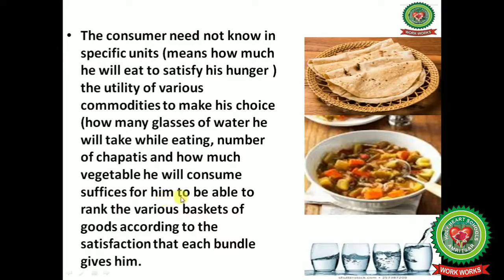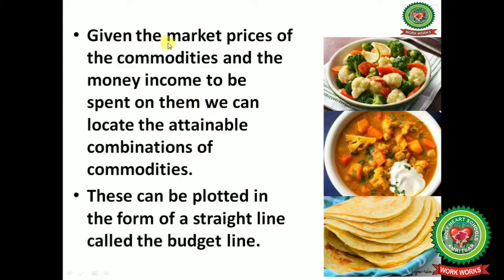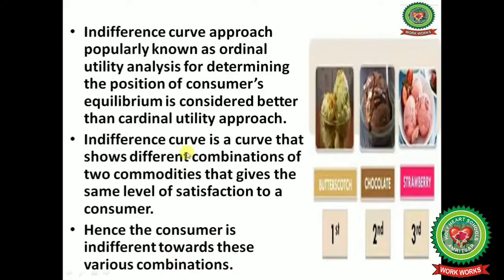It suffices for him to be able to rank the various baskets of goods according to the satisfaction that each bundle gives him. Given the market prices of the commodities and the money income to be spent on them, we can locate the attainable combinations of commodities. These can be plotted in the form of a straight line called the budget line.